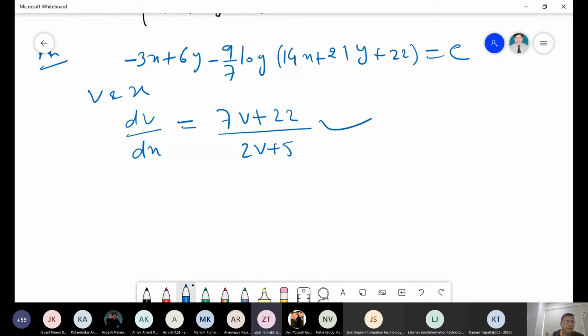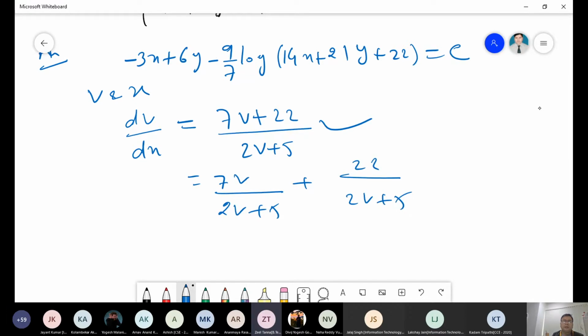How to make it into another form like that? Simply you divide this equation. Simply you have to make it like that, 2v by 2v plus 5 and 7. Now see, we can write 7v upon 2v plus 5 and then plus 22 by 2v plus 5.